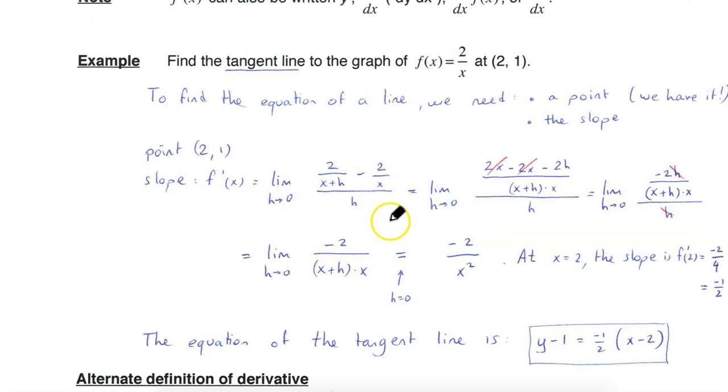This is what it becomes when I plug in f of x equals 2 over x. And again, I'm going to try to cancel things out. So the first step here is that this numerator, I want to put it over the same denominator, x plus h times x.